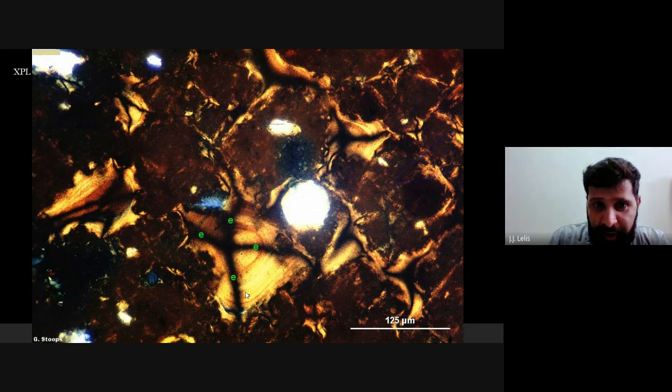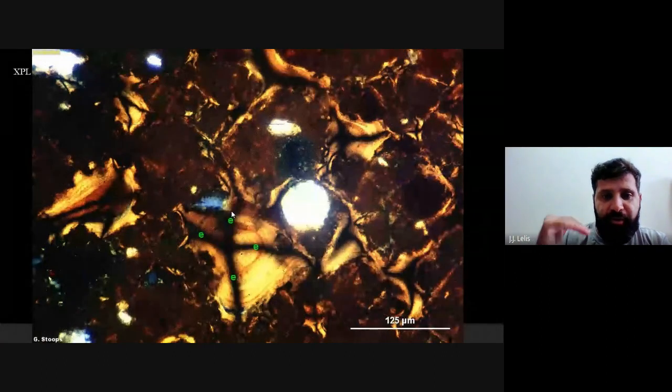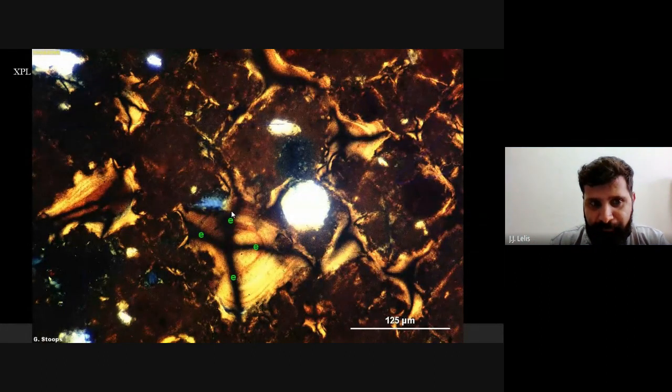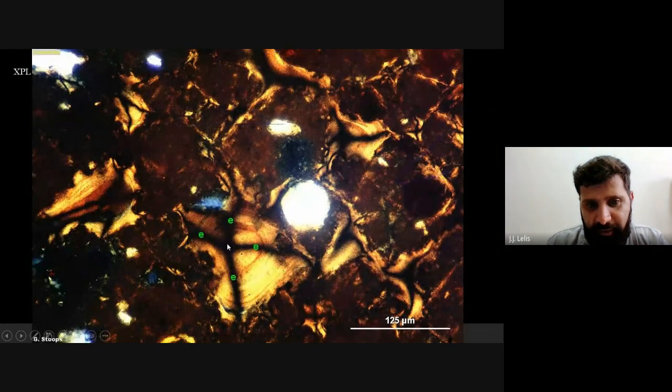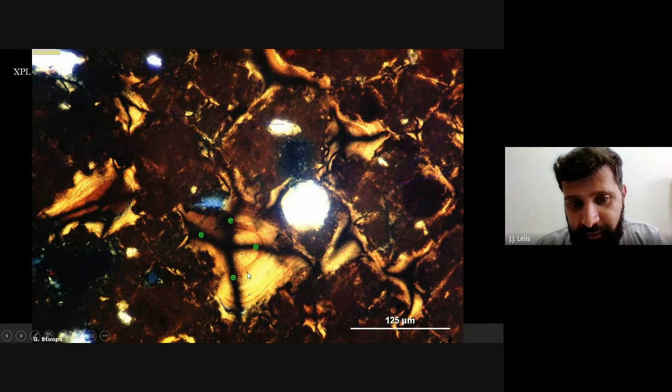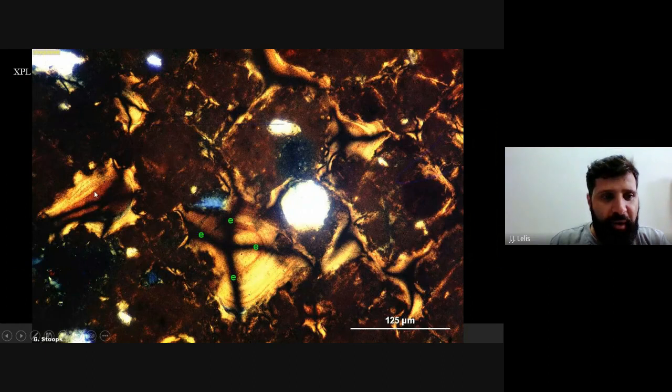So the migration of clay was under calm transport, calm conditions, which favored the organization of these clay particles. And these extinction lines, these dark lines that we can see here, and these different colors, this light yellow and light red color, tell us that this material was deposited in calm conditions.